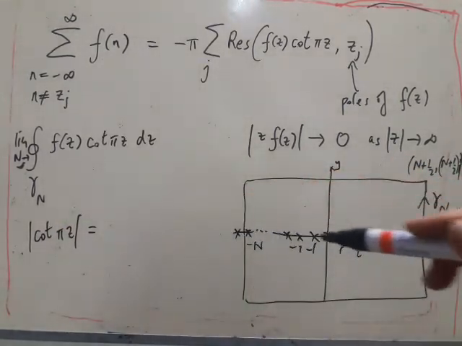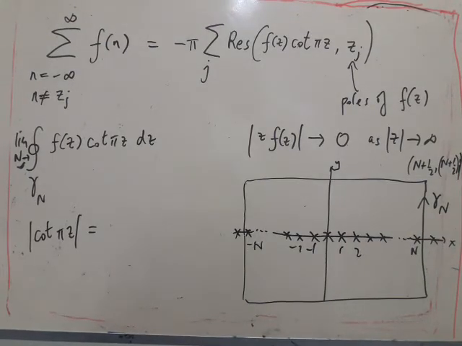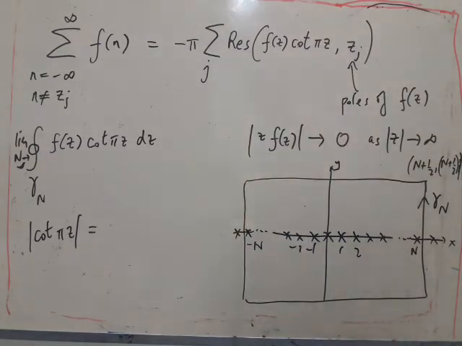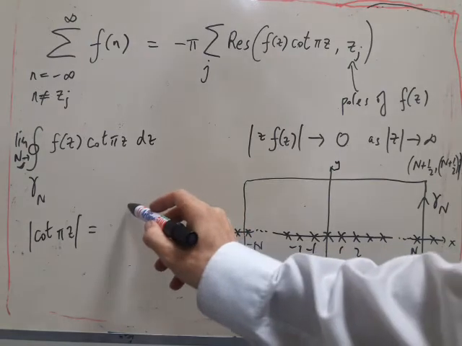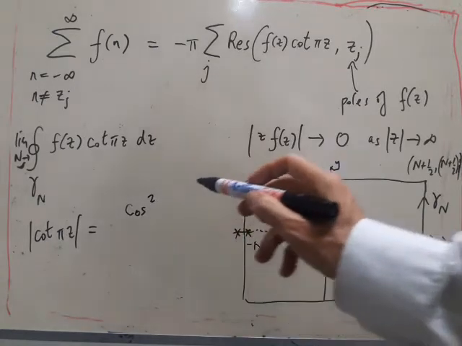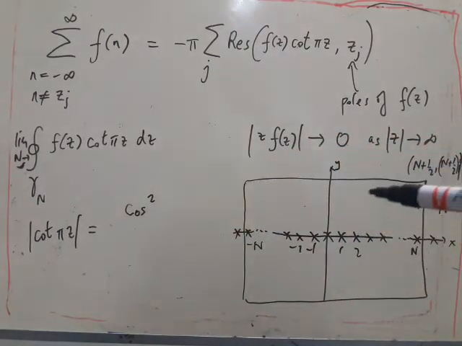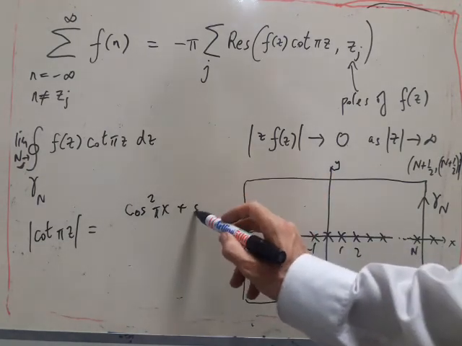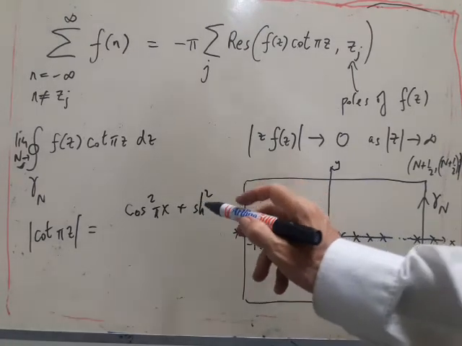is, from a much earlier result we derived, the modulus of, obviously, cos pi z over sine pi z. And a long time ago we derived that the modulus squared of cos z is cos squared x plus sinh squared y. So the modulus of cos pi z ends up being cos squared pi x plus sinh squared pi y.